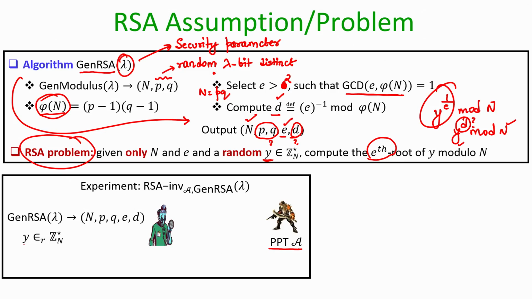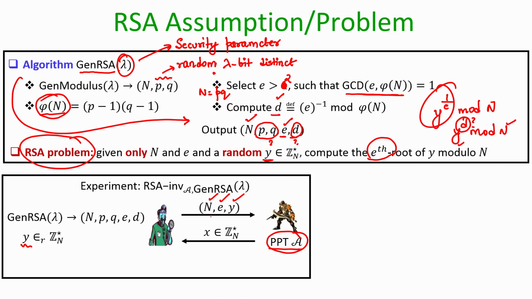It picks a random element y from the set Z_n star, and it creates a challenge instance for the adversary. The challenge instance is the value of the public modulus, the exponent, and the random element y, and the challenge for this adversary is to come up with the value of y to the power d modulo n in polynomial amount of time.